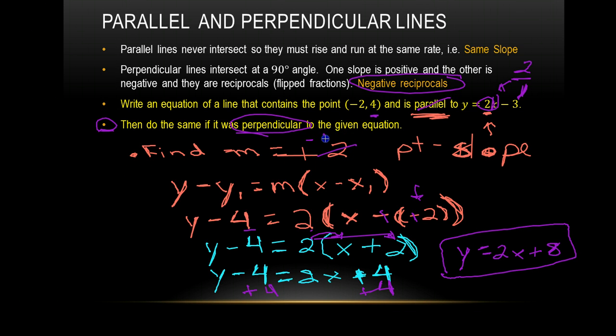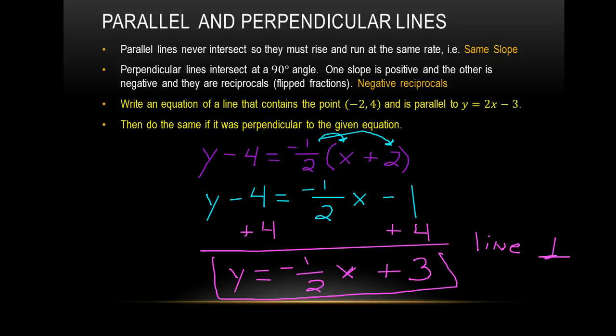So instead of this 2 in here, I'm going to have a negative 1/2. Now I'll show what that looks like. So once again, it's that same form. Here's my 4, but now my slope is a negative 1/2 because that's the slope of the perpendicular line. I cleaned up my subtracting a negative into adding a positive 2 here.